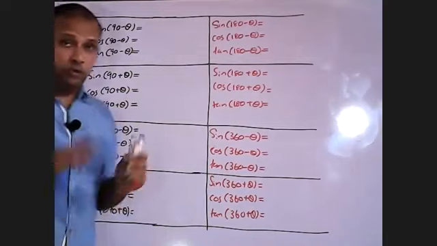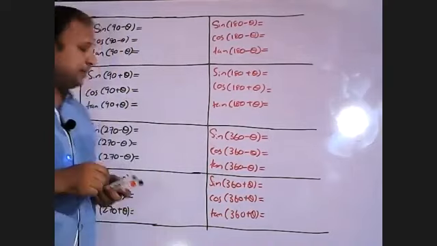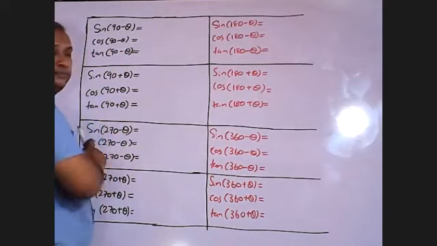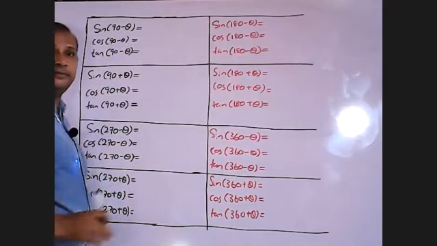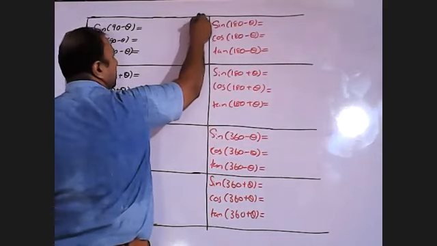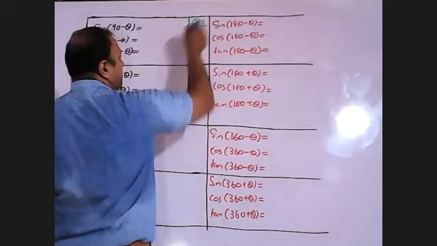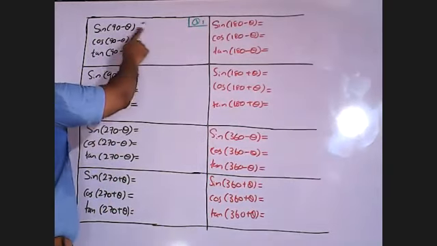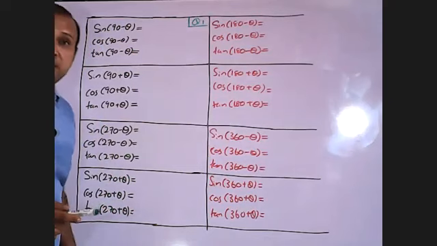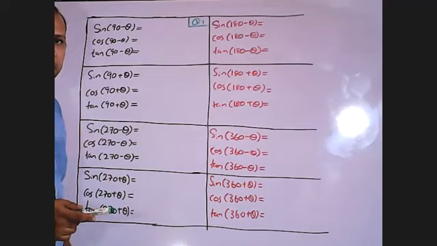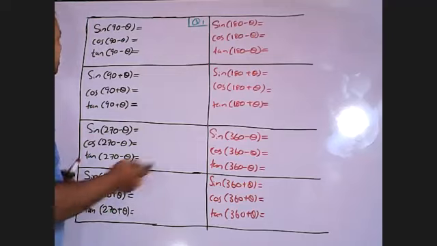Now I am asking you, you have to answer me. The first thing: what is the quadrant of this angle, 90 minus theta? It belongs to Q1. Then tell me, what is the value of sine 90 minus theta?